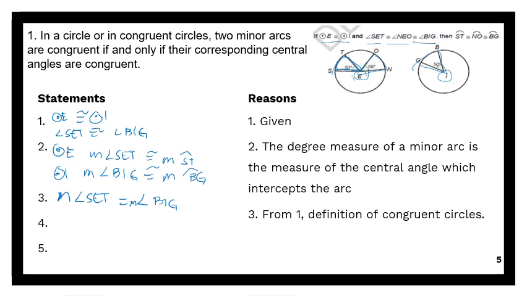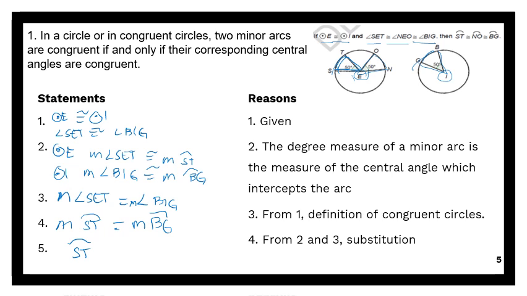Number 4, statement: the measure of arc ST is also equal to the measure of arc BG. That is the substitution. And then, in number 5, we can conclude that arc ST is congruent to arc BG, also based on the definition of congruent arcs.